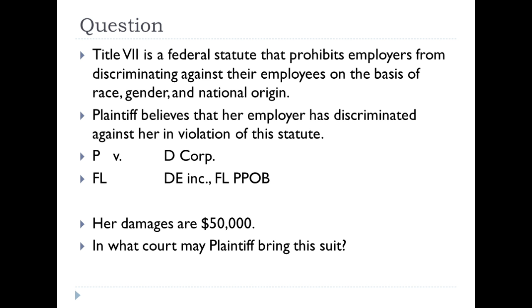Let's hypothesize that plaintiff is a citizen of Florida and that the defendant corporation is incorporated in Delaware and has its principal place of business in Florida. Plaintiff's damages are $50,000. In what court may plaintiff bring this suit? Federal court, state court, or both?